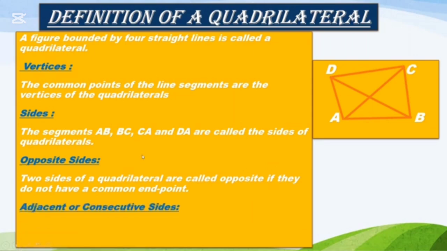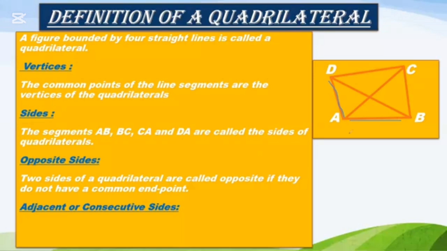Now the next one is adjacent or consecutive sides. Here in this diagram, side AB and side AD are called adjacent sides.